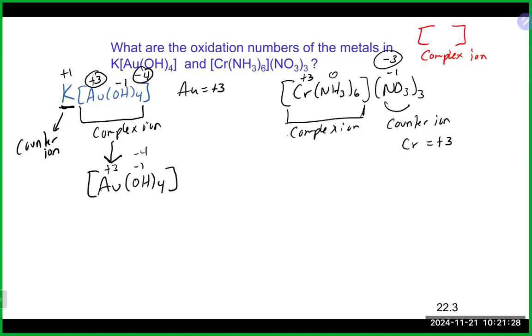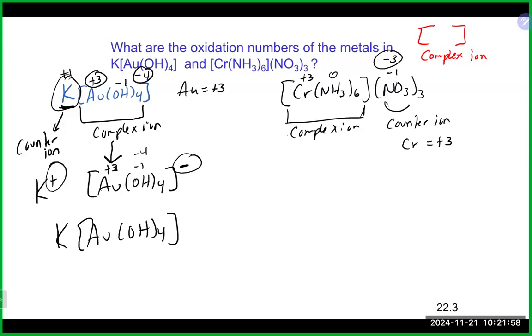So -4 and +3 means that this complex ion overall is a negatively charged complex ion, and it has a -1 charge overall. That is why when we look at our counter ion in this case, like a normal ionic compound, we want it to equal 0. We just need one potassium ion, so +1 -1 gives us a coordination compound that has no charge. Any questions on that there?